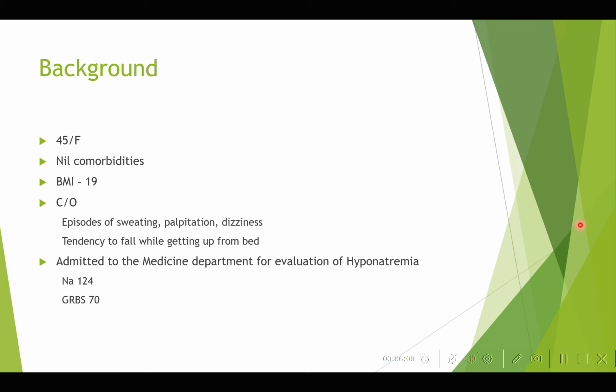So coming to the next history, she's a 45-year-old female with no comorbidities, having a BMI of 19, with complaints of episodes of sweating, palpitation, and dizziness, and a tendency to fall while getting up from the bed.